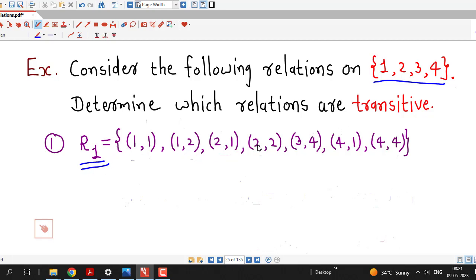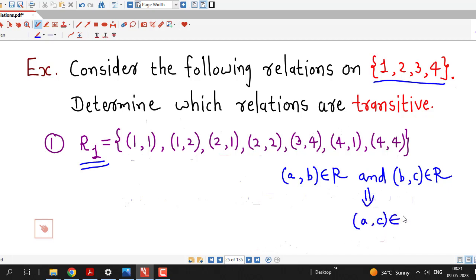Again we repeat that we will check for this type of ordered pairs: (a,b) belongs to R and (b,c) belongs to R, and if this is satisfied, then we must have (a,c) belongs to R. We will check one by one, and if it is obvious that for certain pairs this condition is not satisfied, then we can write those particular two pairs.